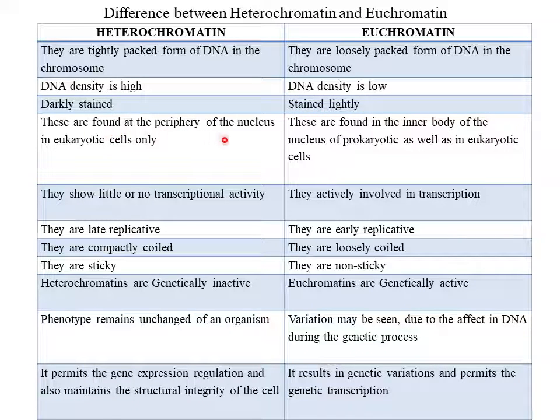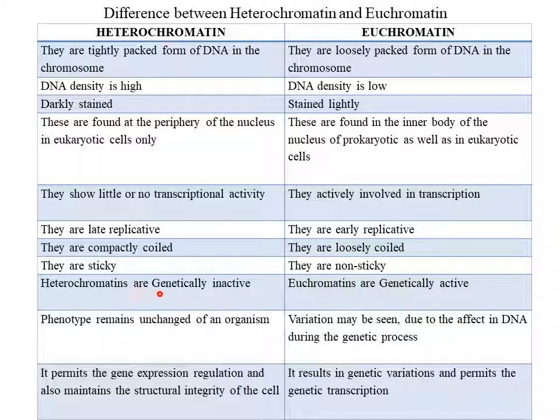The heterochromatin is found in the periphery of the nucleus, but the euchromatin is found in the inner body of the nucleus. The heterochromatin shows little or no transcriptional activity, but the euchromatin is actively involved in transcription. The heterochromatin is late replicative, compactly coiled and sticky, but the euchromatin is early replicative, loosely coiled and non-sticky.